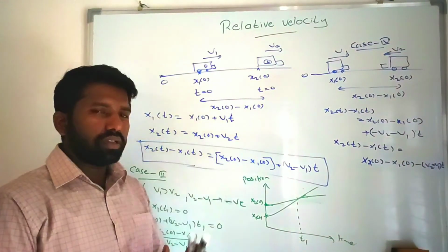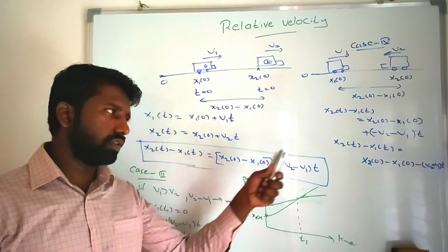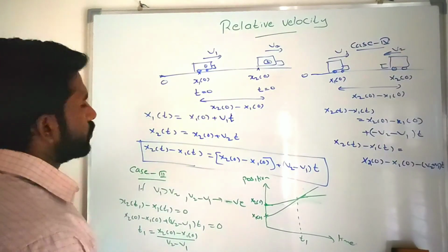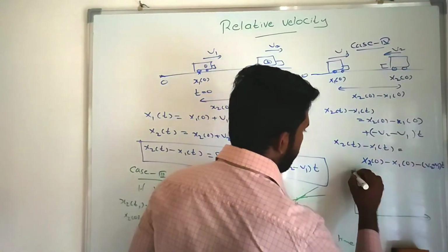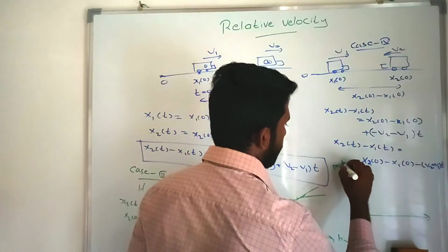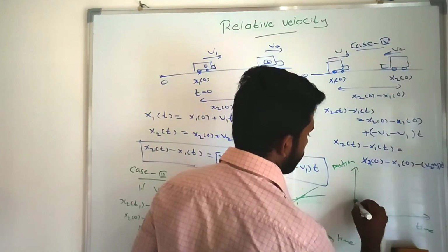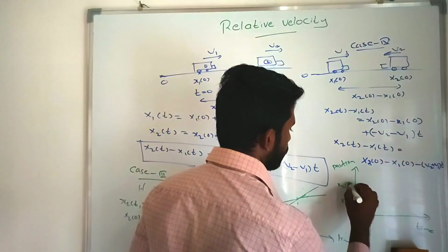The distance between the two bodies decreases, and at a particular instant these two bodies will meet. So we can draw the position diagram. This is a position diagram. This is x1 of 0 and this is x2 of 0.